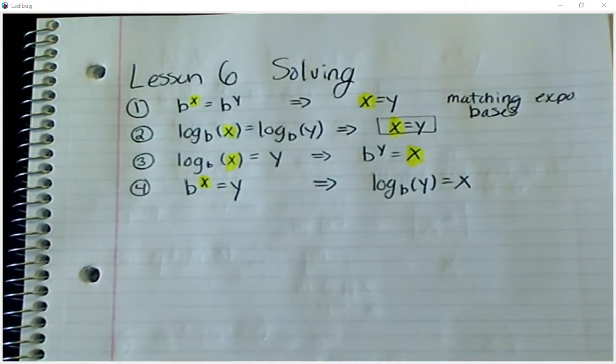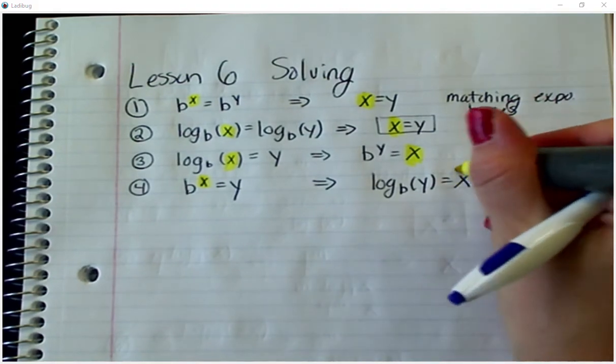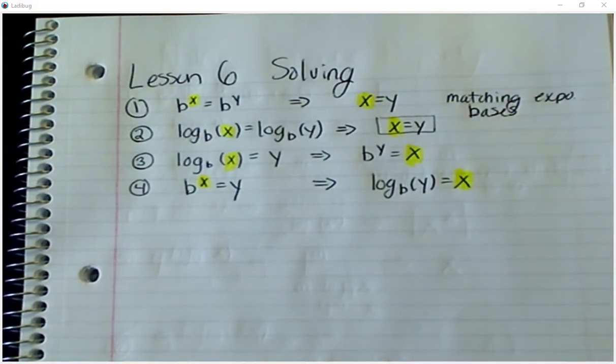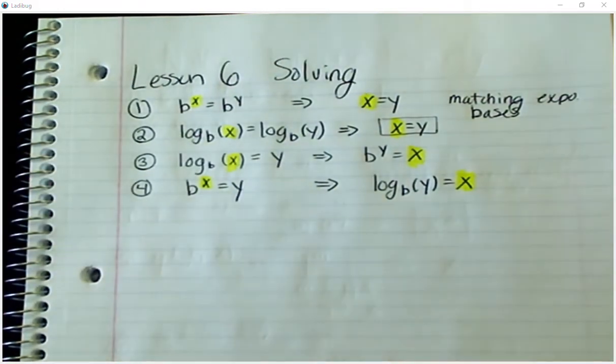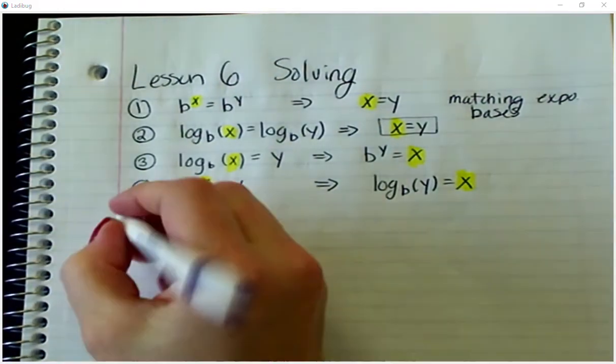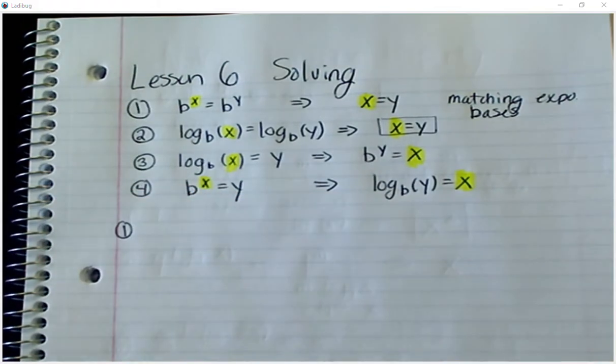Do a lot of rewriting to switch the location of exponents and arguments so that you can solve for the quantity that you want. So I'm just going to put up examples, and we're going to try to categorize which one we're in so we can think of which skills to use. Okay, so let's solve for x.